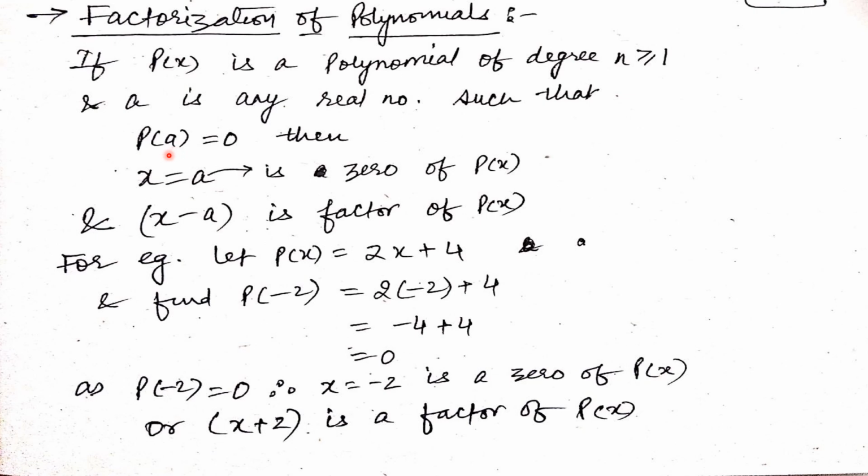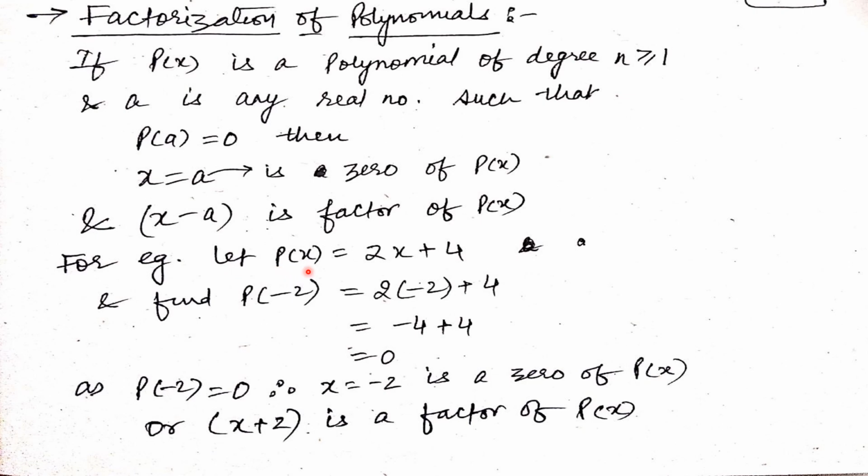Okay. Now, so we can say x equal to a is a 0 of the polynomial, or we can take this a to the left side, it becomes x minus a, and we can say x minus a is a factor of Px. Why factor? Because we all know a factor is that number which can divide the number completely. Okay, I have given you an example.